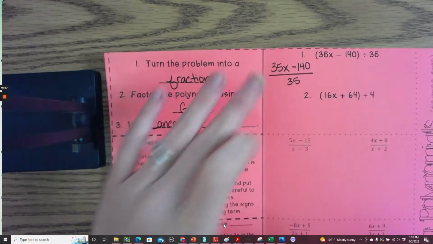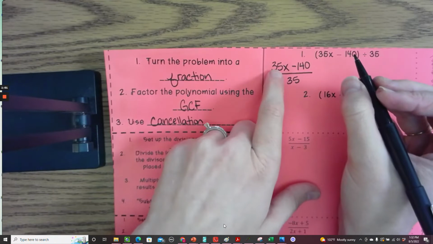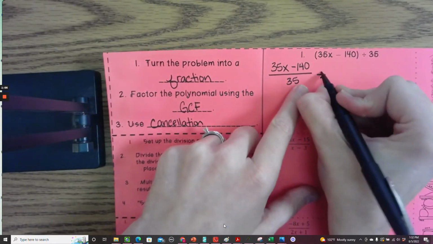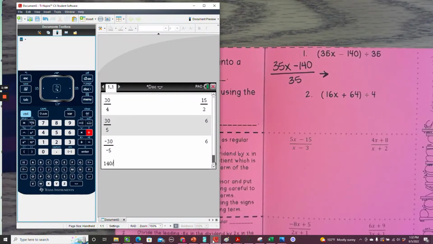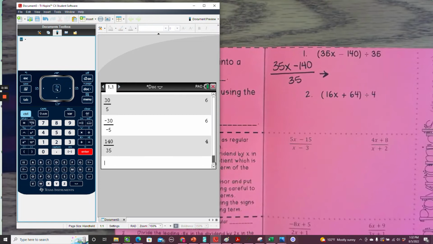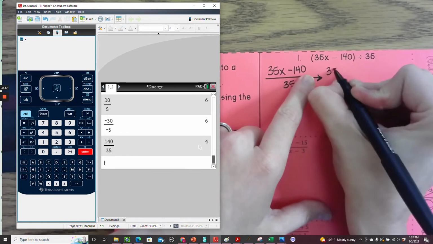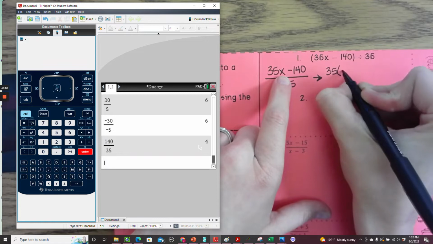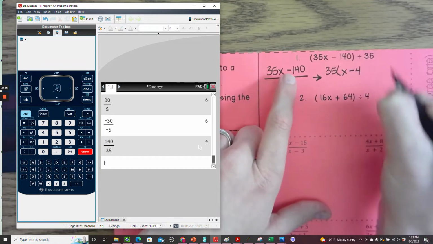I'm going to factor this polynomial first because I can't do anything with them connected. 140 divided by 35, it is divisible: 35 times 4. So I can rewrite the top part as 35 times x minus 4.